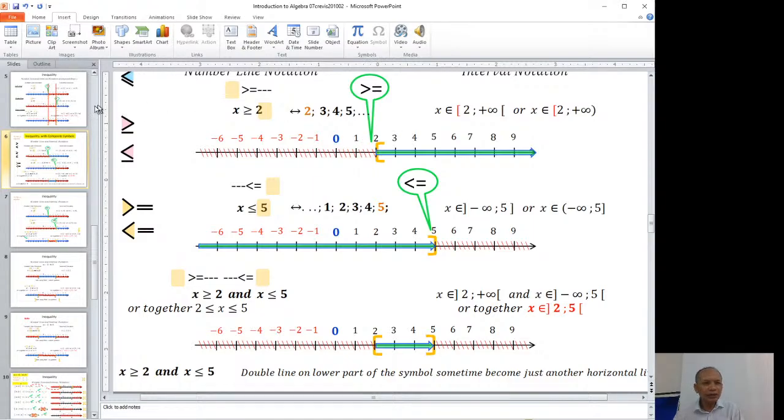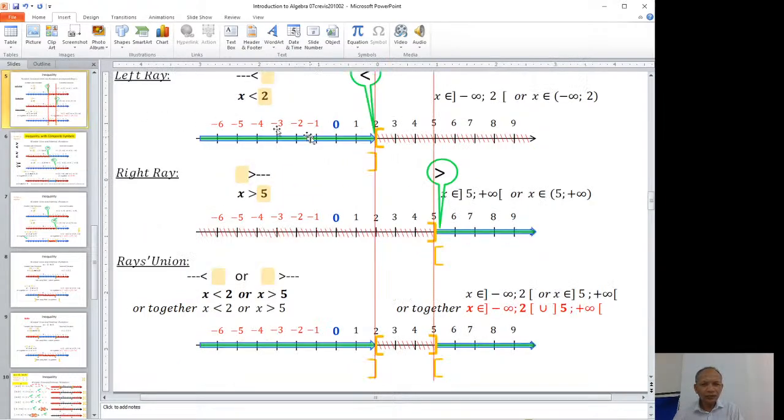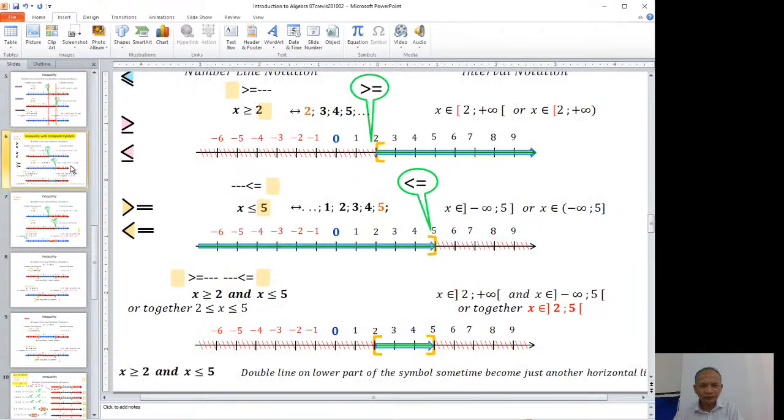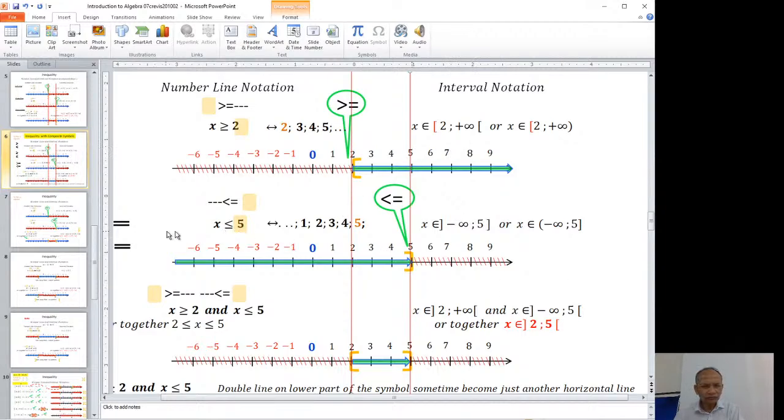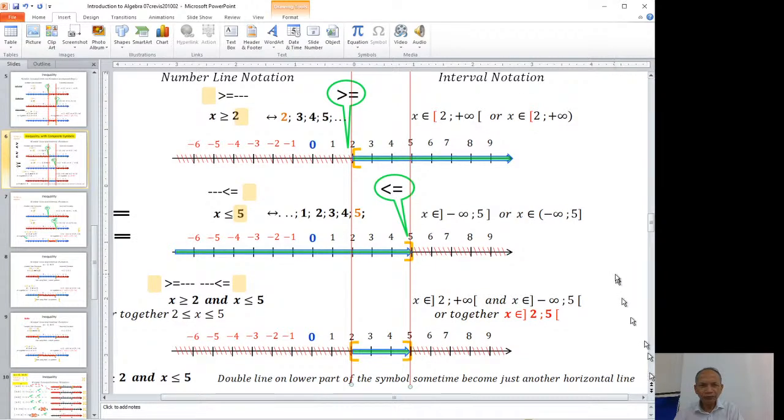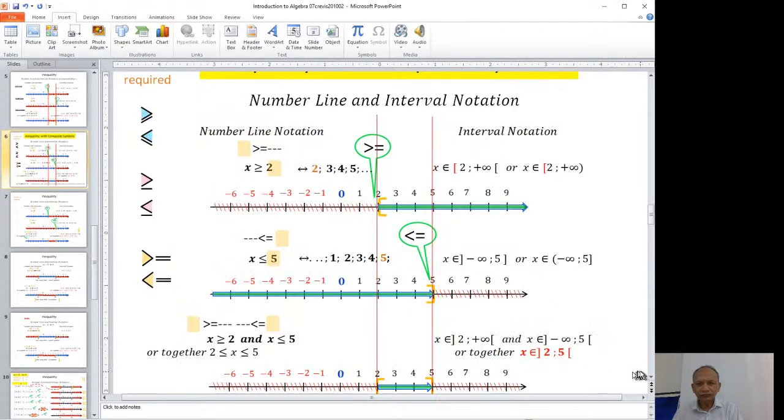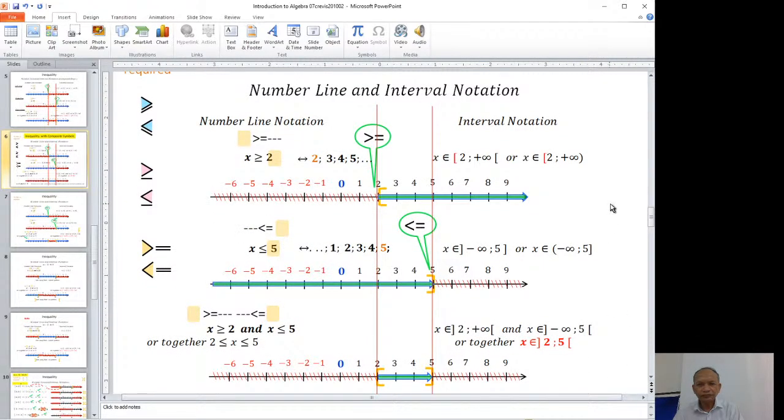So we have a similar case of overlap here, 2, 3, 4, 5, but we also take the value of 5.